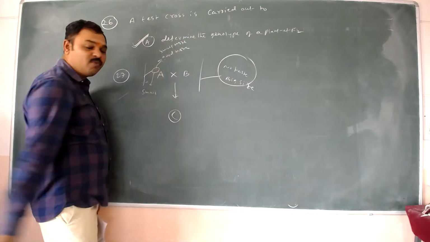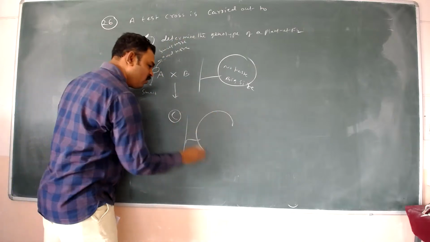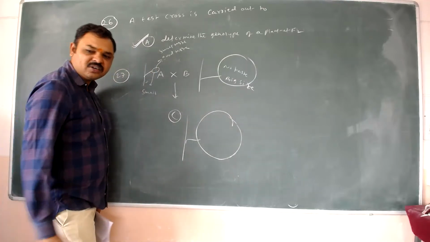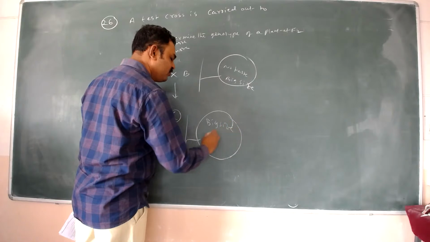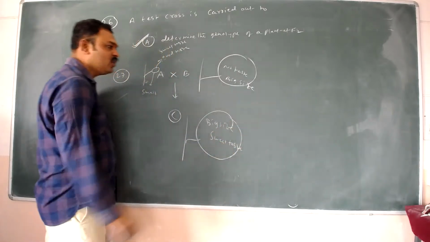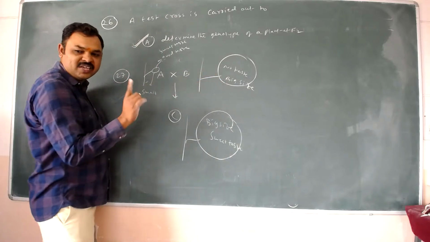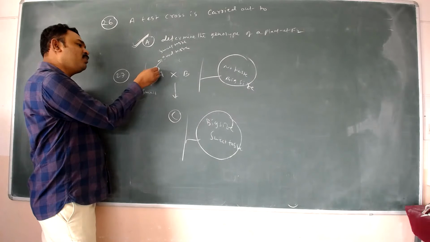Now you see what the desirable qualities are. Big size is a desirable quality, and next, good sweet taste. Now in the offspring, both characters came: big size and sweet taste. Actually, one parent has only big size with no taste, and the other parent has small size but good taste.